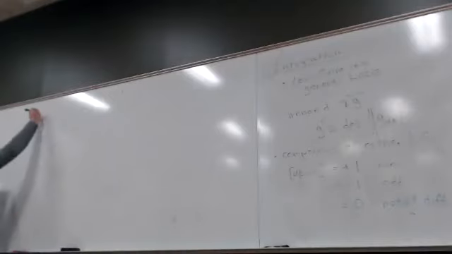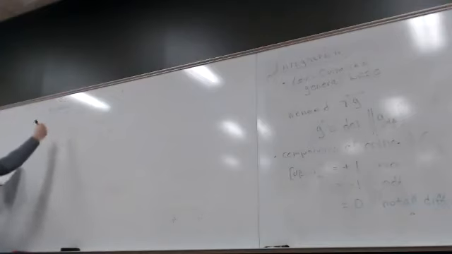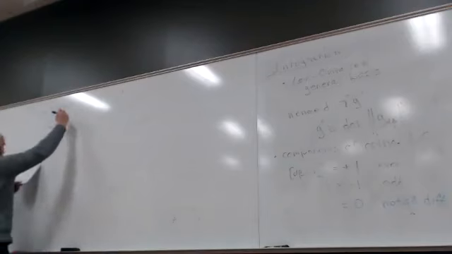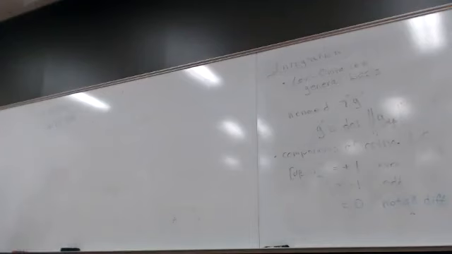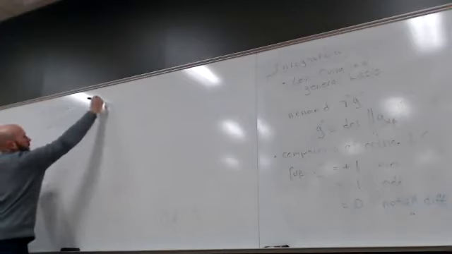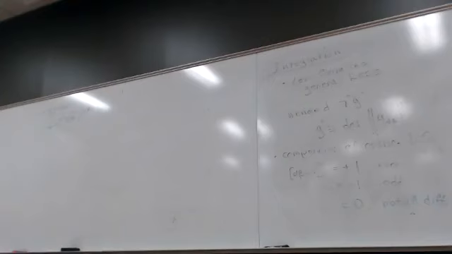So in general, the covariant components of Levi-Civita come in like this: the absolute value of the square root of the determinant of the metric, times the orthonormal component of the Levi-Civita tensor.